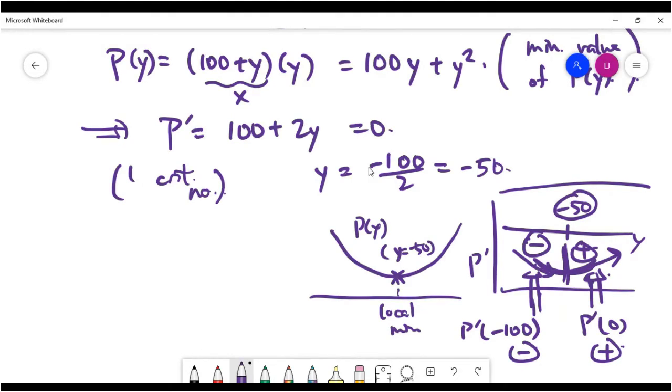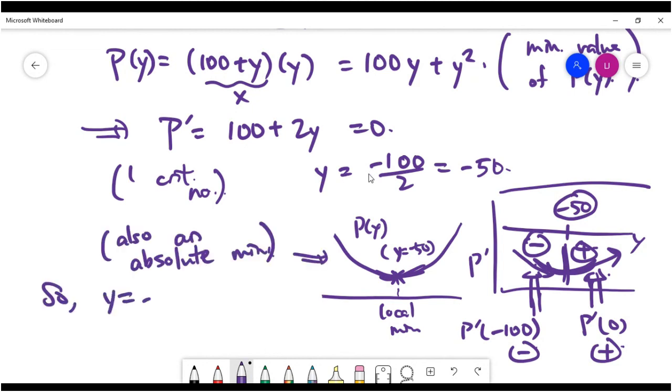If you have some other points that are lower than this point, you would have to have a scenario which is impossible, because then we should have another critical number which represents the local maximum, right? But we don't have such a second critical number. It gives you a sense that our local minimum is actually an absolute minimum, and that's the point that we are searching for. So it means that y equals -50 will give us the absolute minimum value.